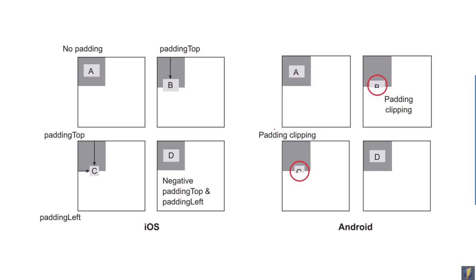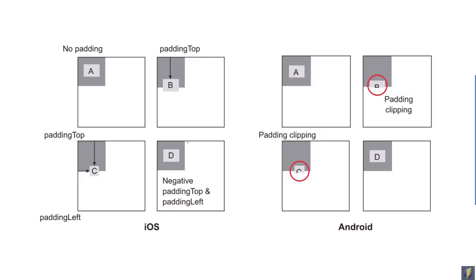Another feature is padding. Unlike margins, the padding applies from the border of the component to its children. In this example, padding is calculated from the top border, which pushes text component B down from the top border.